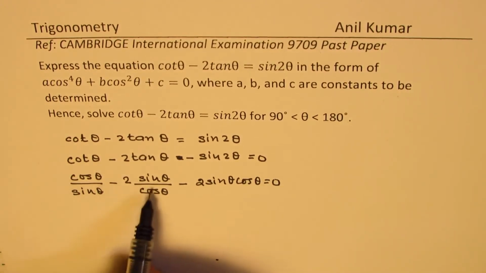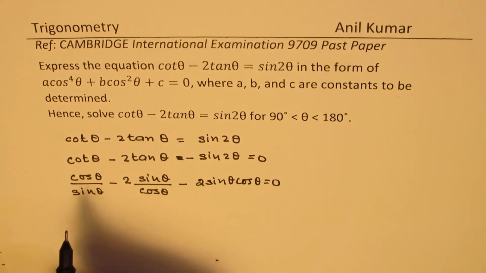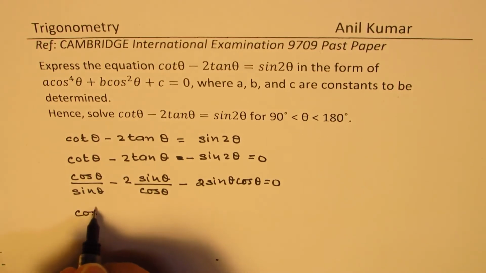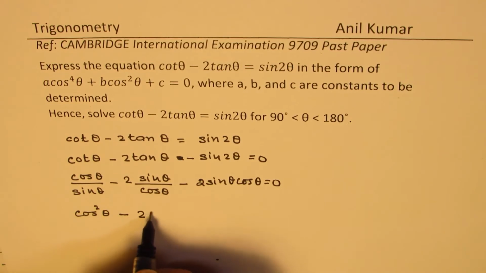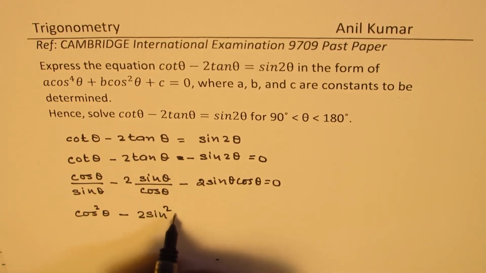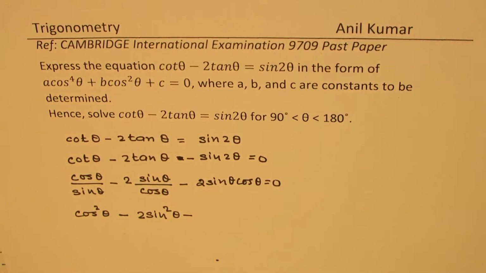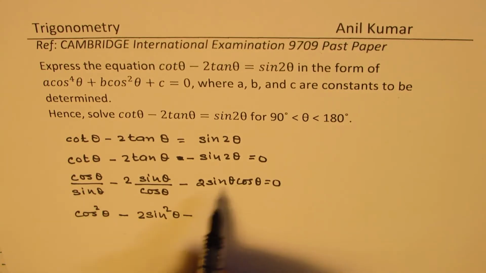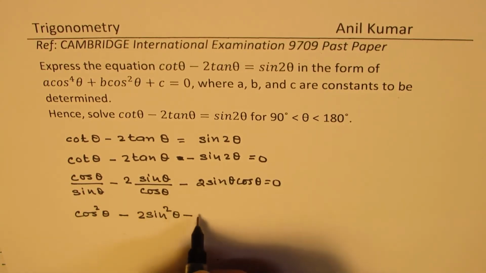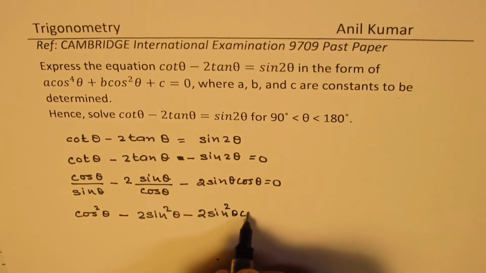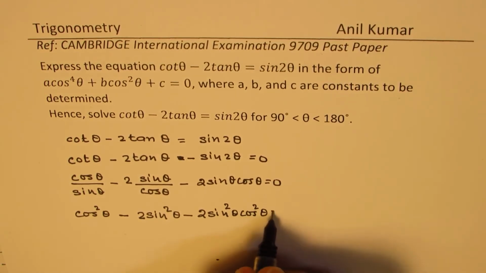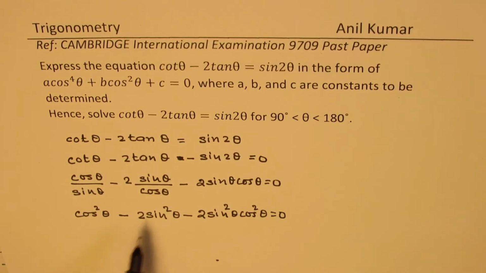Now multiplying every term by sine theta cos theta, we get cos square theta minus 2 sine square theta minus, so we'll multiply this by sine theta cos theta, we get 2 sine square theta cos square theta equals 0. Now we'll write sine square theta as 1 minus cos square theta.